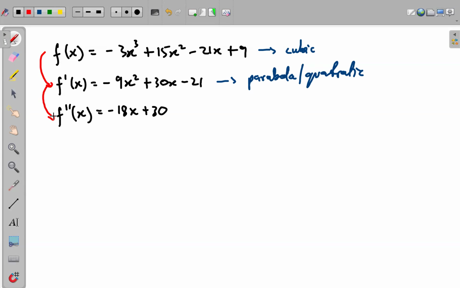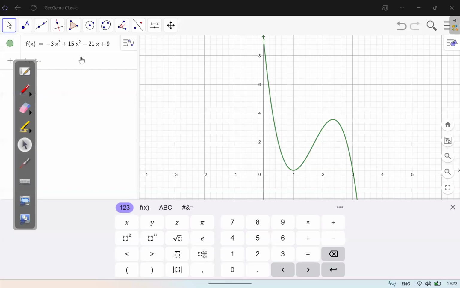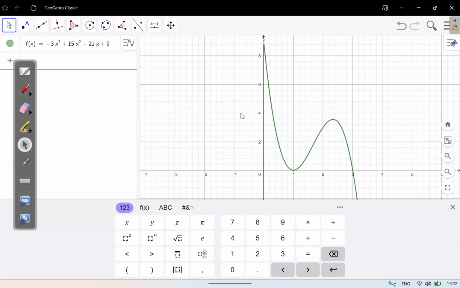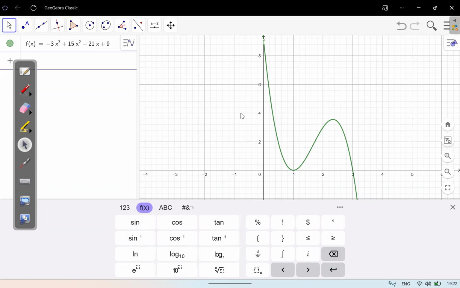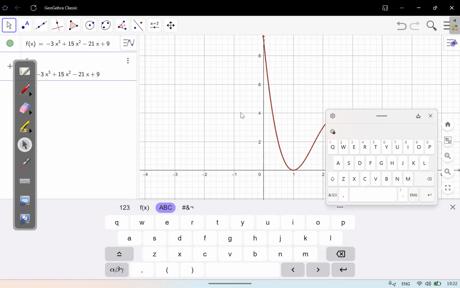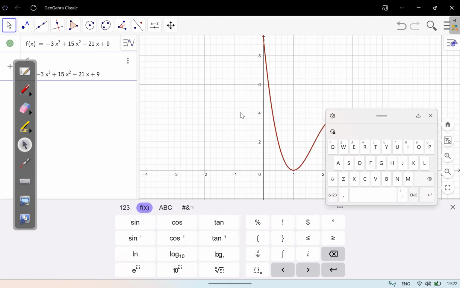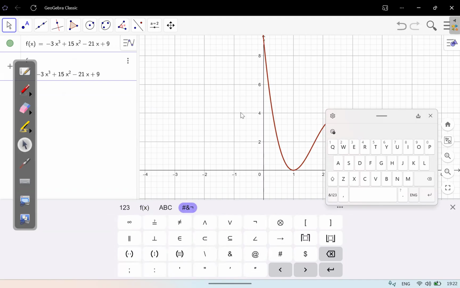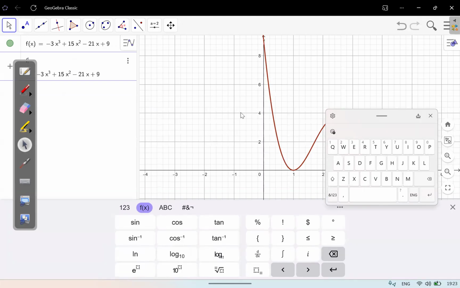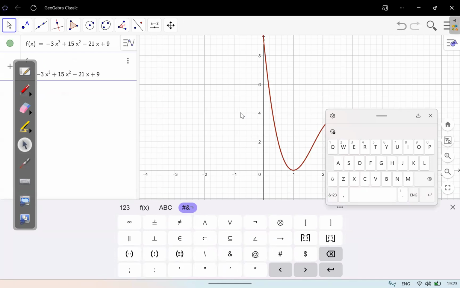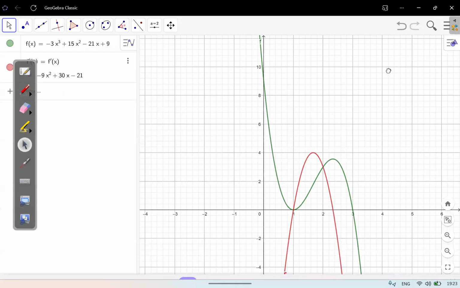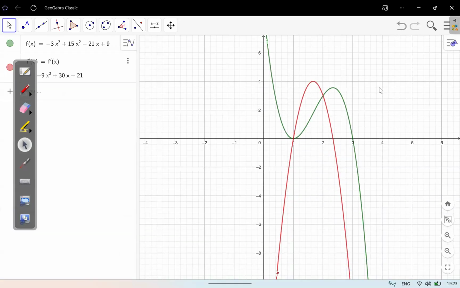Now, I want us to see how this looks graphically so that we can start creating connections. So I'm going to ask GeoGebra to sketch for me f prime. Where is my prime symbol? Here it is. There's the parabola that has been sketched.